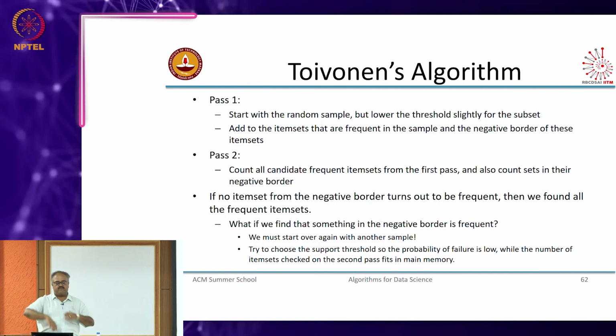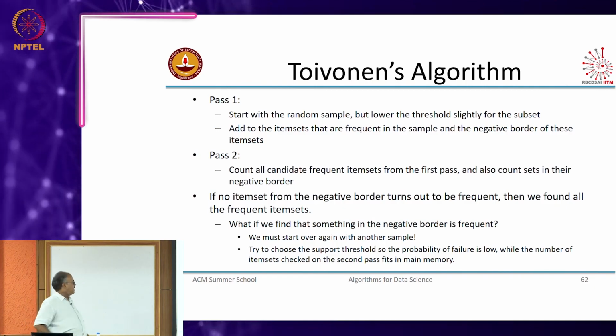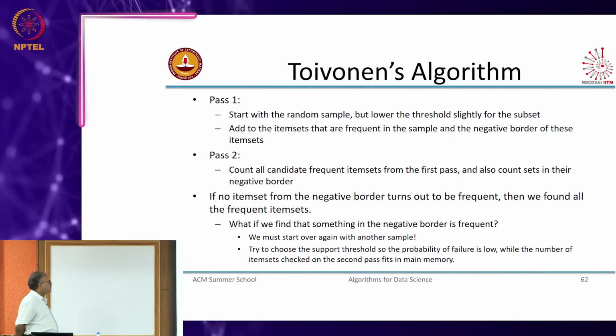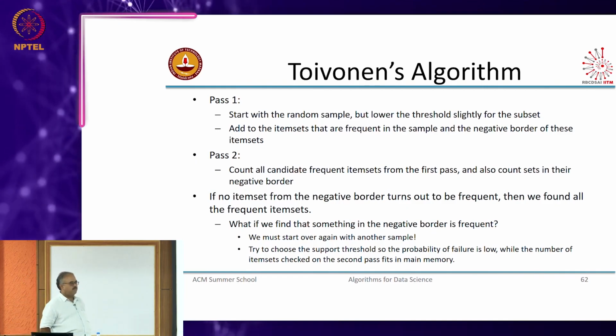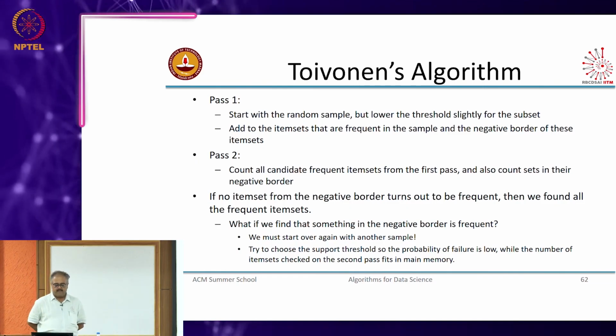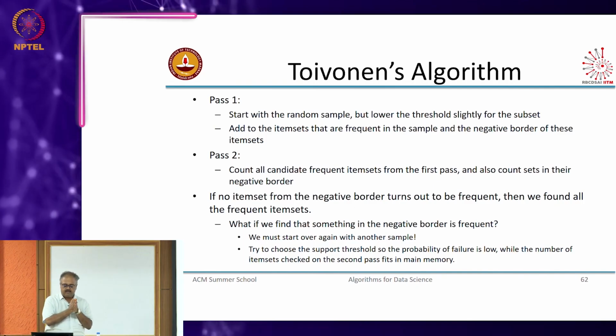Then you will have to think of ways of compressing the count table and things like that. So, that is the trade off here, and you choose your support threshold so that your negative border truly turns out to be the limiting condition. Then we stop and we can report.